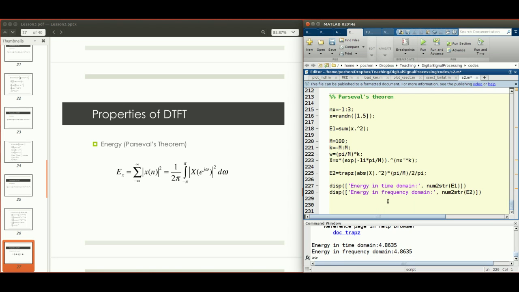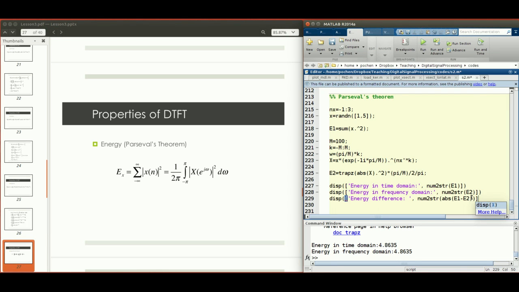So if we want to look at the discrepancies, the energy difference, num2str is another Matlab function that allows you to convert numbers to string characters. I'm taking the absolute value of the difference.